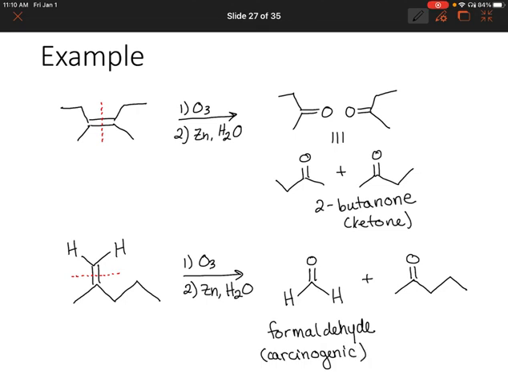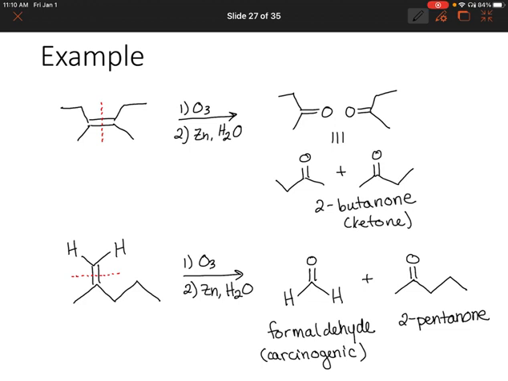So scientists have tried to find other ways of preservation. And then our other product is a ketone, and this is called 2-pentanone. And again, we'll learn how to name all these things later.